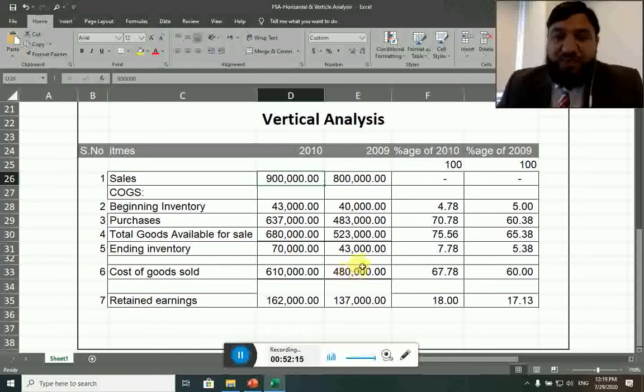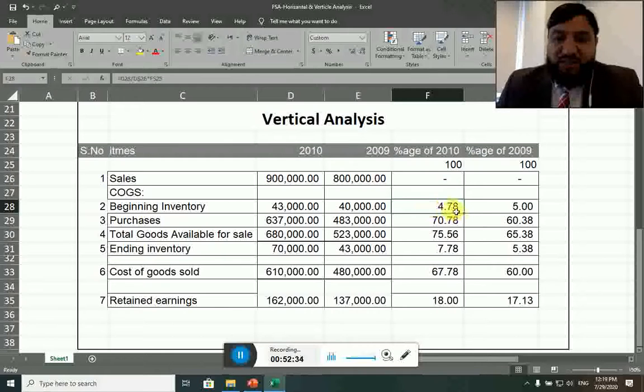Since this is the grand total, I have not applied the vertical analysis formula on it because it will give us 0 as the answer. So we start from the beginning inventory.